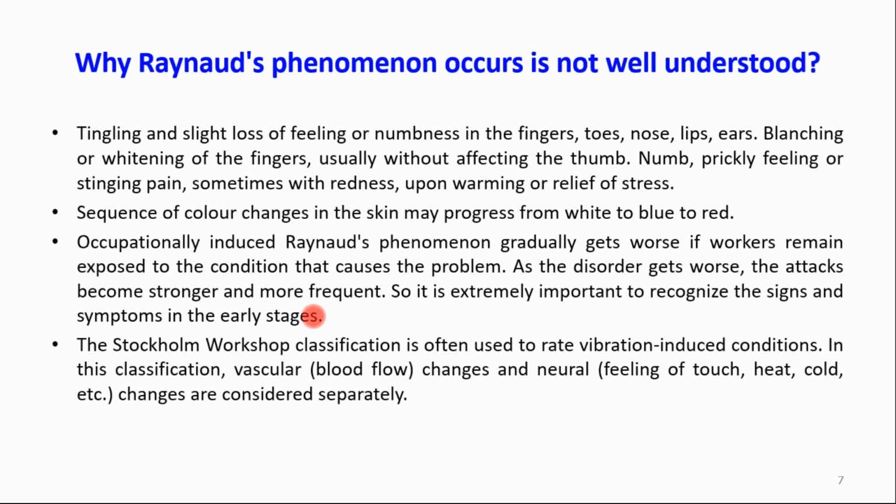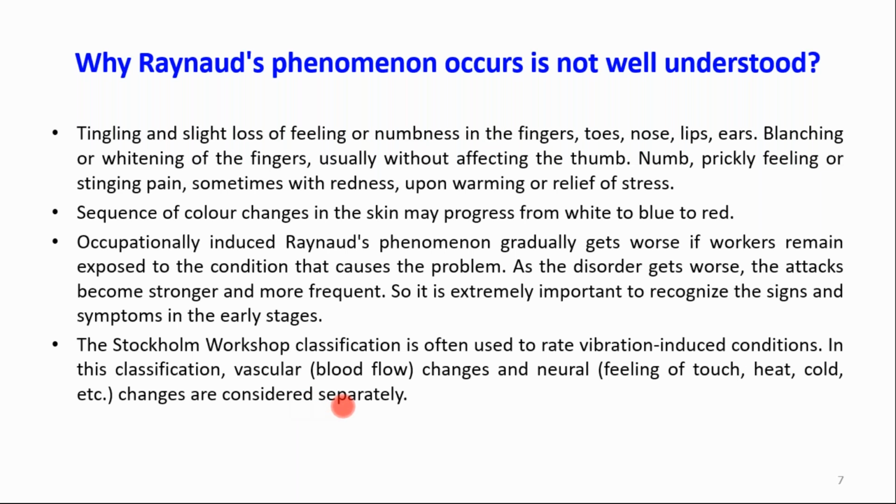One workshop classification, the Stockholm workshop classification, is often used to rate vibration-induced conditions. In this classification, vascular changes, that is blood flow, and neural changes, the feeling of touch, heat, cold, etc., are considered separately.